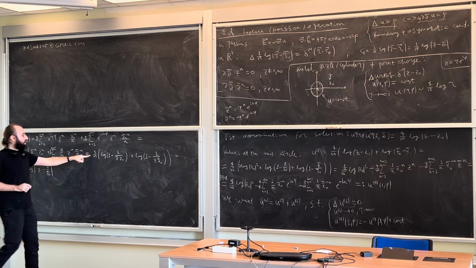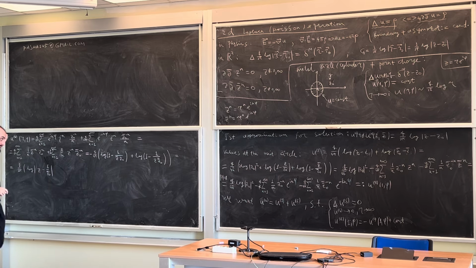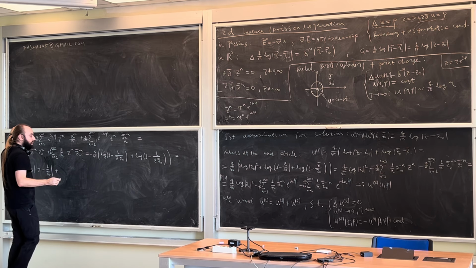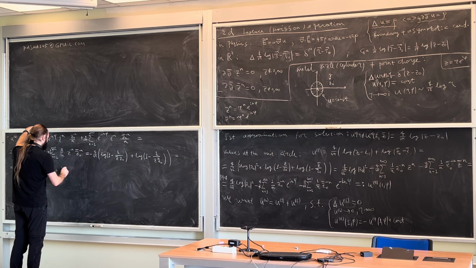But there is also the overall minus sign here, right? So this logarithm was a minus sign, a plus a logarithm of absolute value of z.